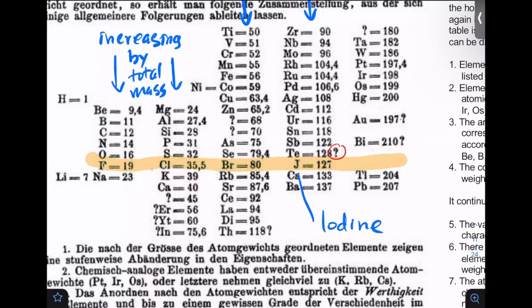Now, of course, the other contribution that Mendeleev had were these placeholders that I already told you about. And there's lots of examples, like these question marks here. These are all placeholders. Here's aluminum, here's silicon, and then there's something that should follow it that hasn't been discovered yet. But when you do discover it, it should have that predicted density and that predicted melting point and so on and so forth.